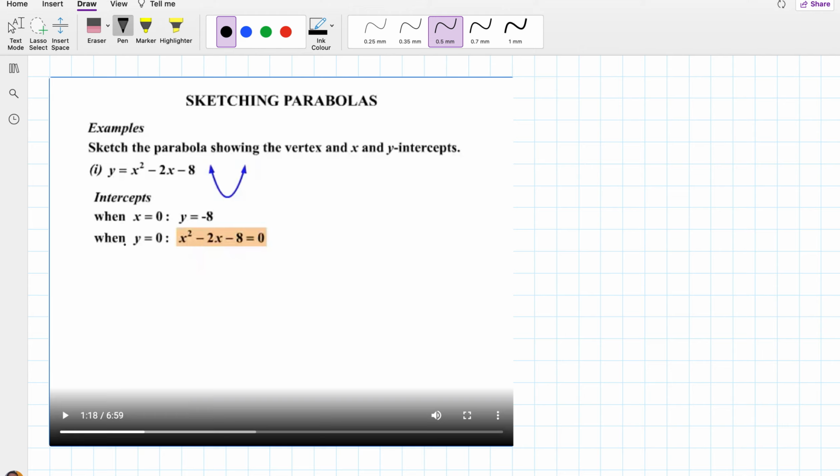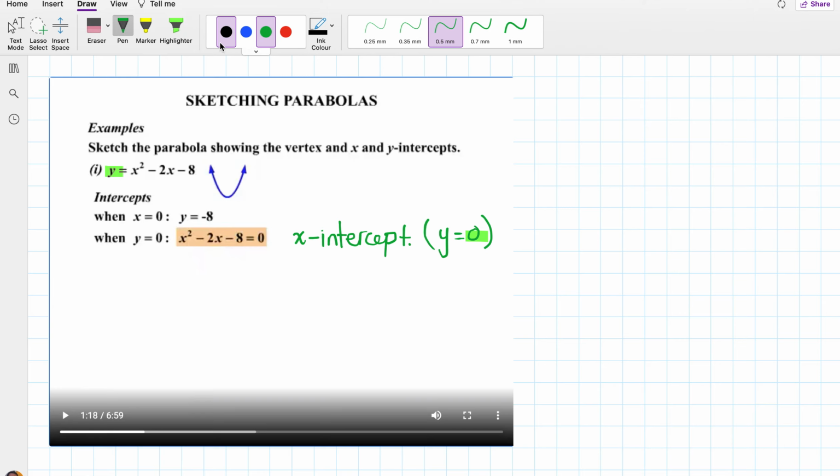Now the next part that I wanted to explain is how he finds the x-intercepts. So when he's finding the x-intercepts, you have to put y equal to 0. So that's what he's doing here. We're going to put this 0 in here, and that's what he has here.